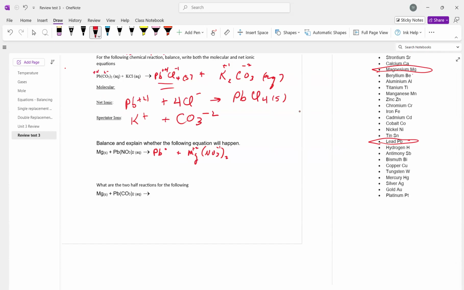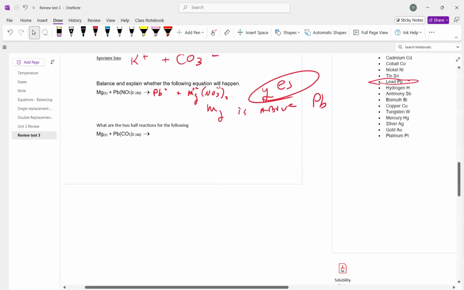Is lead above magnesium or is magnesium above lead? Magnesium is up top, right? That means it's above lead, so the reaction is going to go. So yes. And the answer after you balance the equation is saying that magnesium is above lead. That's the reason the reaction goes. If it was the other way around, there'd be no reaction.